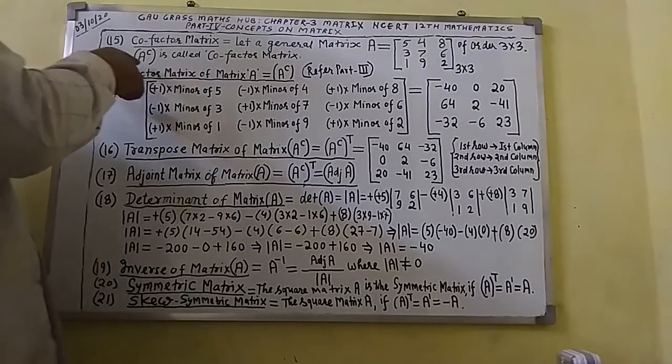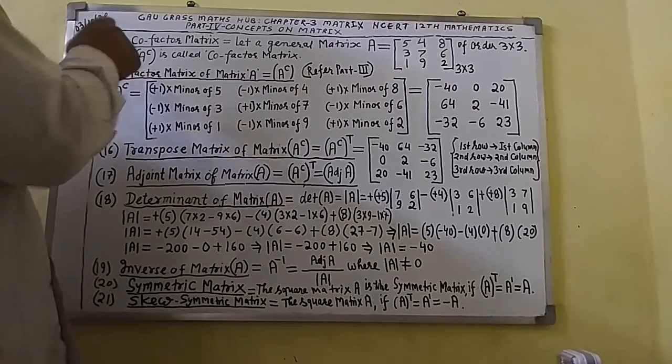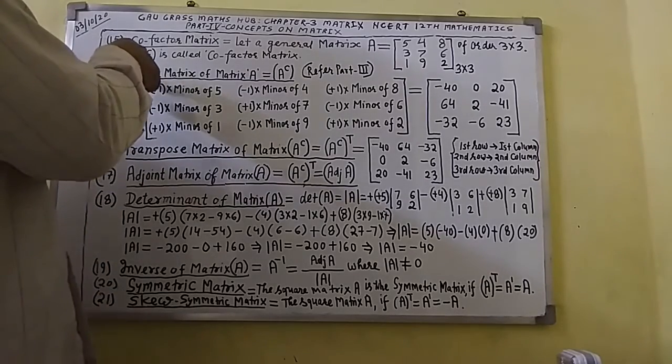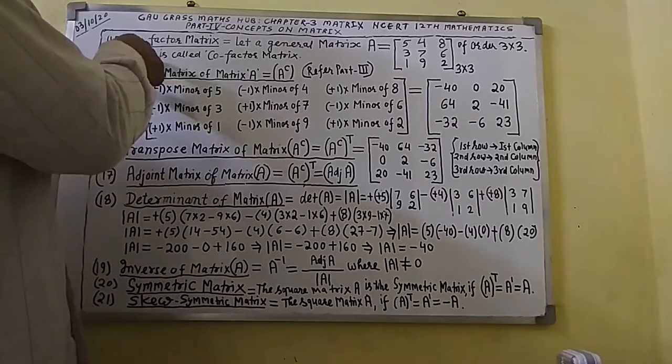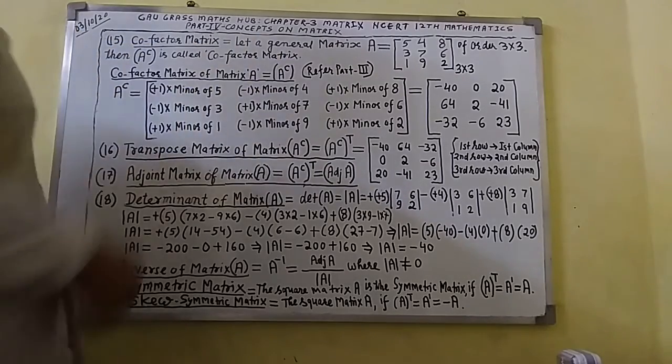Then A raised to the power capital C is called the cofactor matrix.